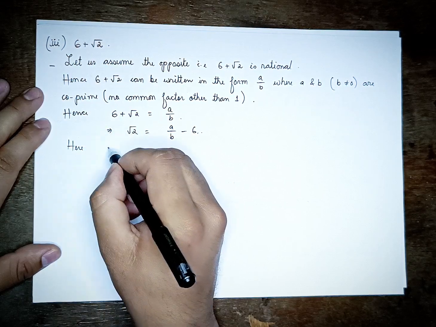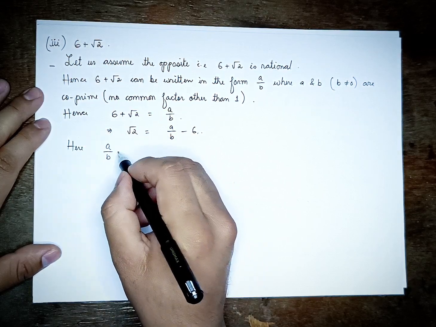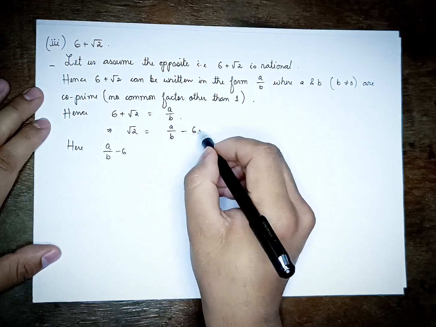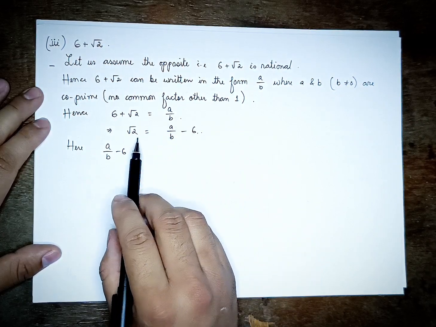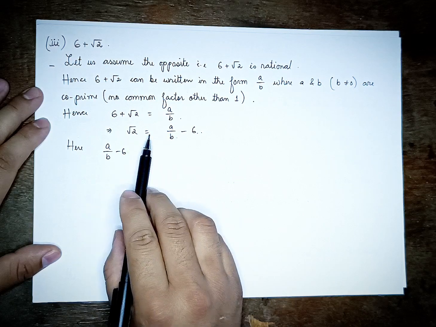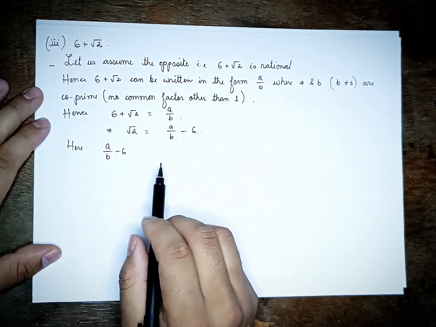Here a by b minus 6 is a rational number, but root over 2 is an irrational number. We know that rational is not equal to irrational, so there arises a contradiction.